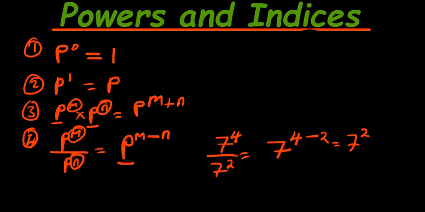And also another rule is, if you have been given p to the power m in brackets, and then outside there's an n. As you can see, n is the power, and m is the power as well.